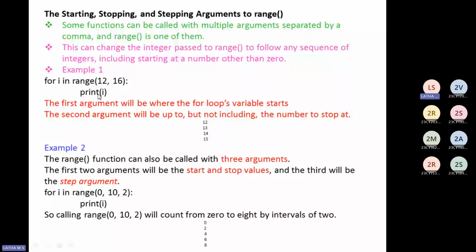So the starting, stopping and stepping argument to range. I am talking about the range here. Something like when you come across some mathematics or alphabetical module, you want some values in between. Say your teacher would write an expression, write numbers from 0 to 12.